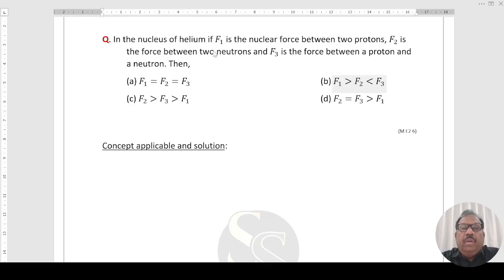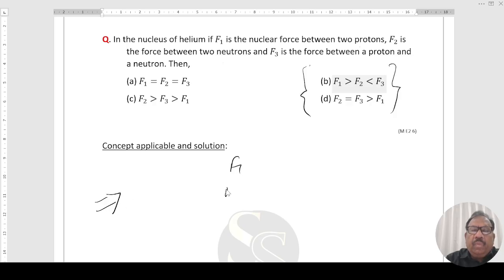In the nucleus of helium, if F1 is the nuclear force between two protons, F2 is the force between two neutrons, and F3 is the force between a proton and a neutron, then four options are given to you. One of the options is correct. Concept applicable, and solution.